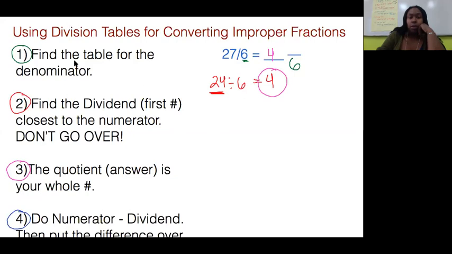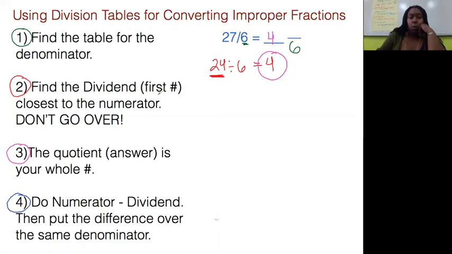Okay? Now that that's done, let's take a look. All we have to do for step 4, the last step, is do the numerator, which is this number, minus the dividend, which remember was that first number. We said the dividend is the first number in our number sentence. So I'm going to do 27 minus 24 equals.